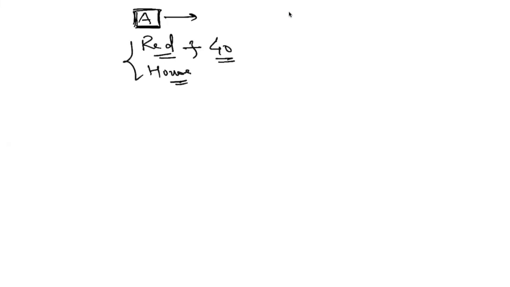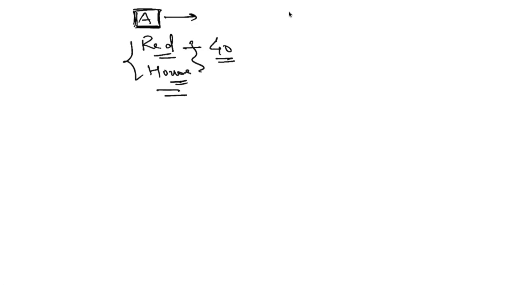Only the selection part. So let's suppose I'm giving you a red house, and only one captain we have to select out of the students, right? Let 40 students be there, and we have to select a captain from this, right?